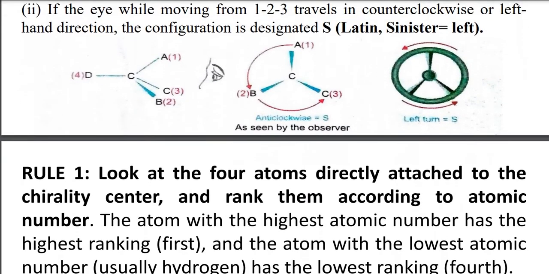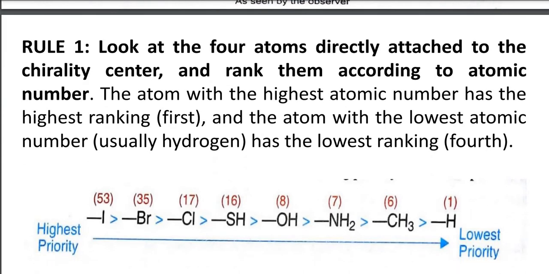Rule number 1: look at the 4 atoms directly attached to the chirality center, and that is your target, and rank them according to atomic number. The atom with the highest atomic number has the highest ranking, first, and the atom with the lowest atomic number, usually hydrogen, has the lowest ranking, fourth.